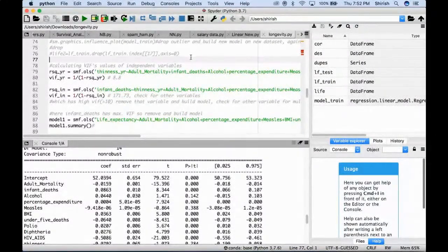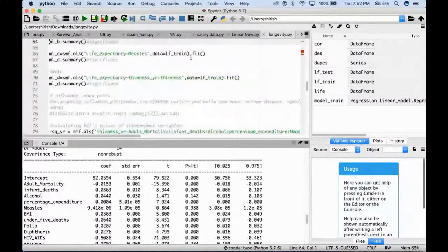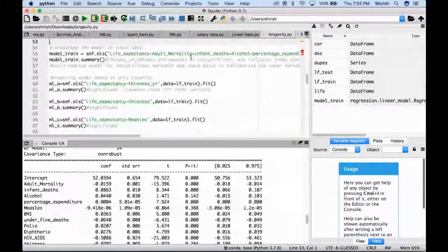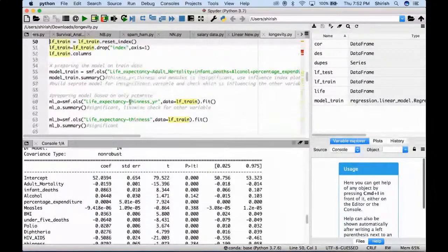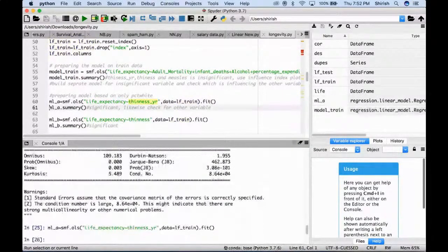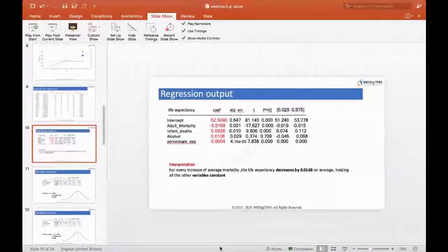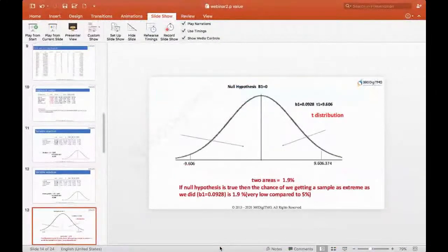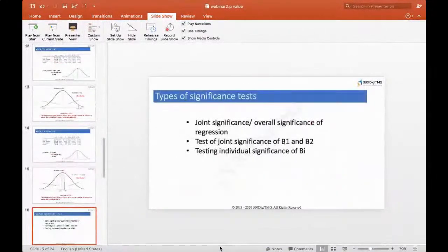There are various ways to check here. What we can do is individually build a model, taking only that particular variable into consideration. That is nothing but testing the significance. You have three types of tests with respect to significance.